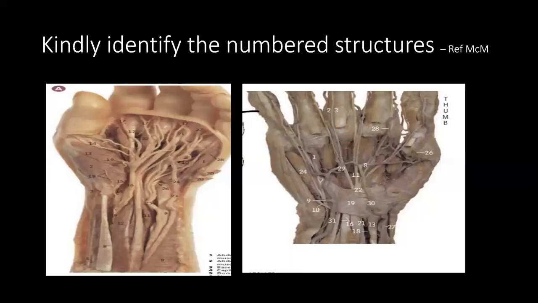Ma'am, superficialis tendon divides into two, and it is inserted in the bases of the middle phalanges, and the profundus tendon passes through the division of the superficialis tendon and is inserted into the base of the distal phalanges. Okay. Right. I think this is it. Right. Thank you.